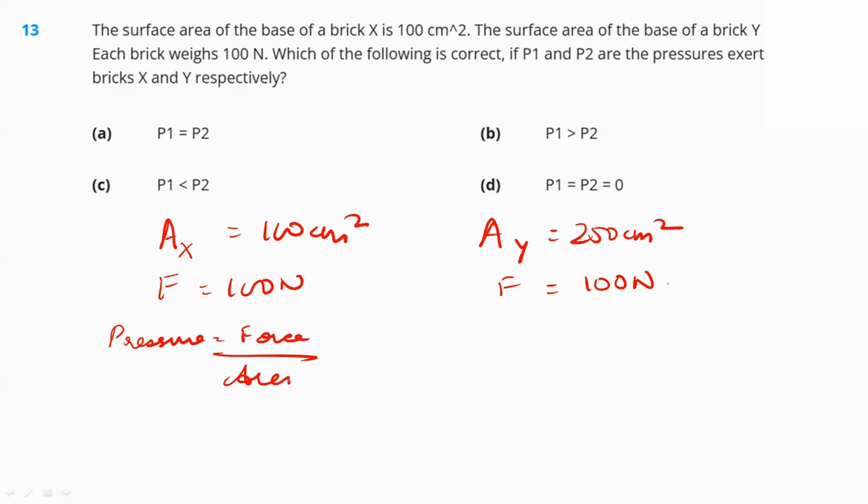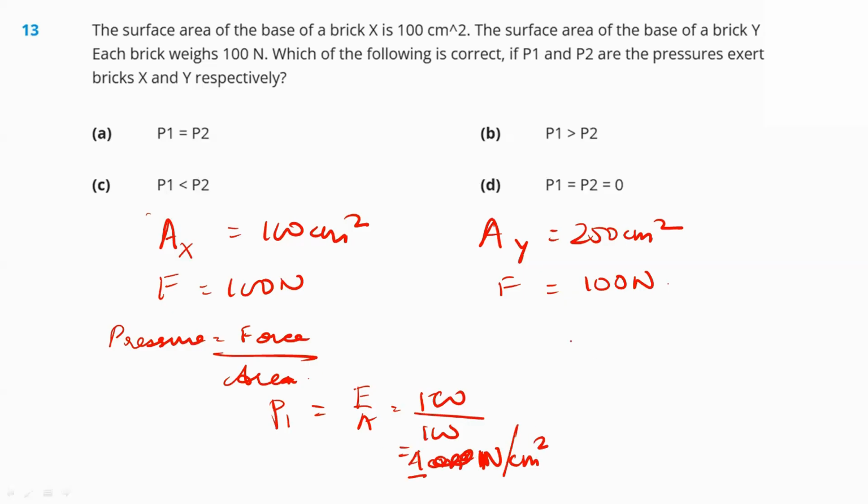So first we calculate the pressure P1 for the first brick, brick X. P1 is F by A, that is 100 by 100, which gives us 1 Newton per centimeter squared.